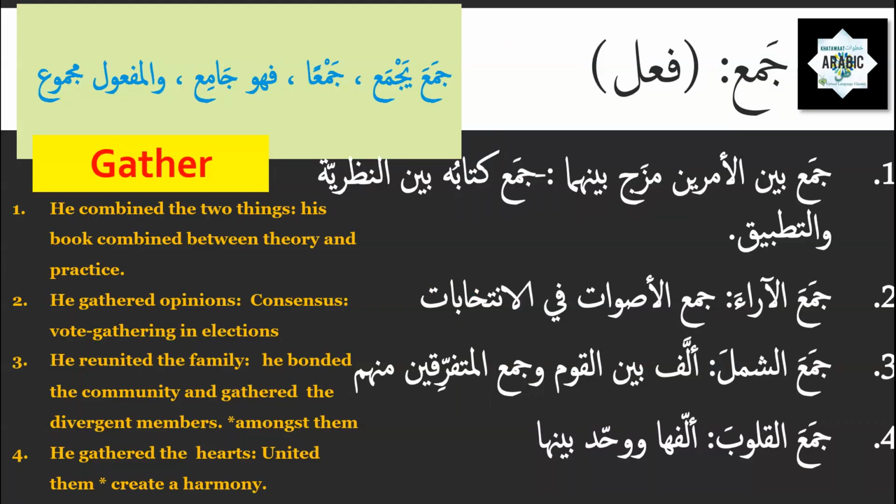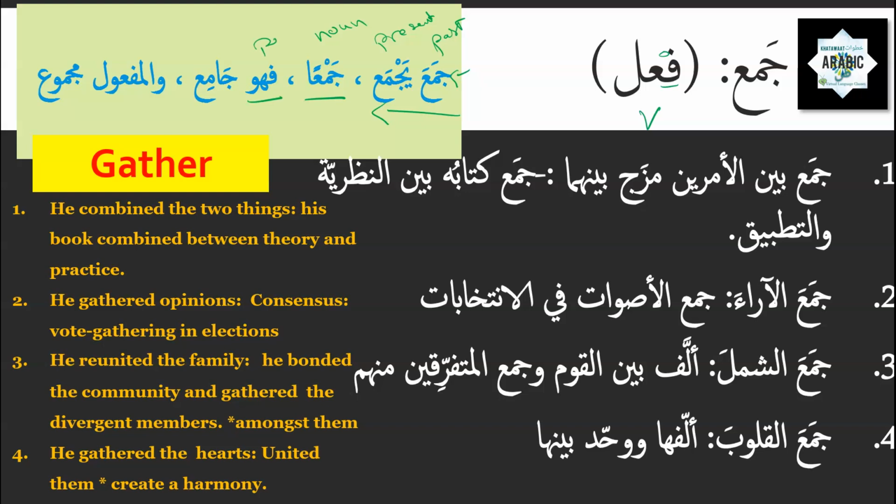The verb jama, as you can see here, it's جمع as a verb, فعل. جمع، يجمع, and that's the same order we placed in the previous videos as well, past and present. جمع is a noun, جمعا.